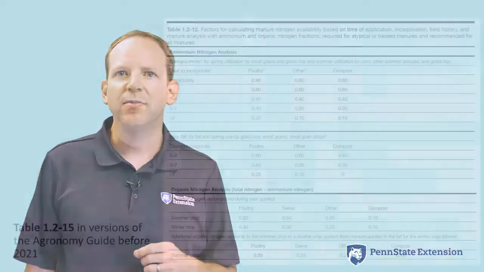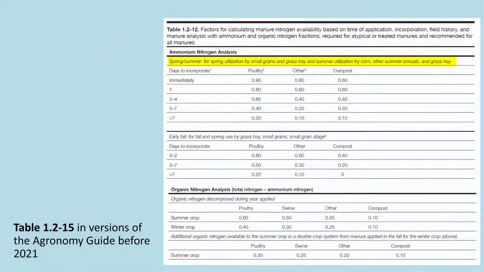Let's say the manure is applied in spring for use by the summer corn crop and incorporated into the soil in 2 to 4 days. Using Table 1.2-15, the availability factor for ammonium N is 0.4. The availability factor for the organic N, based on a summer crop, is 0.35.